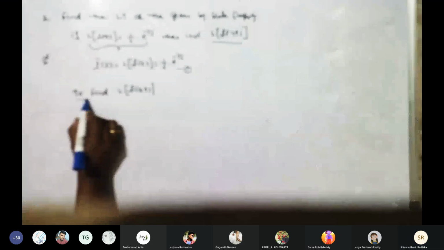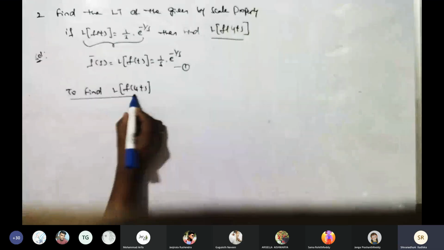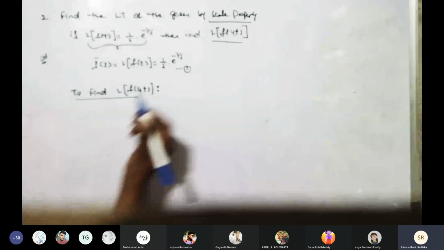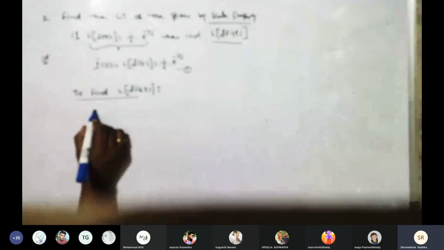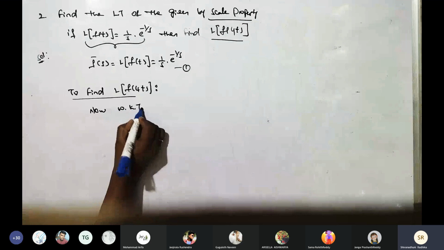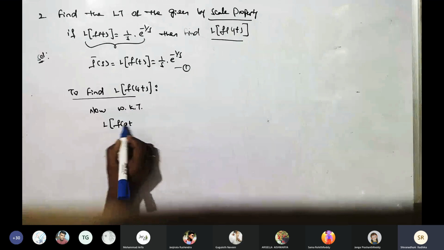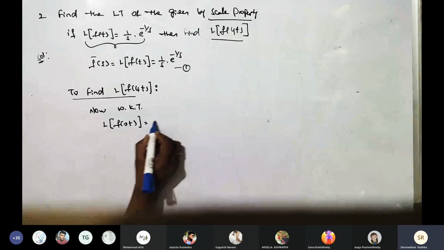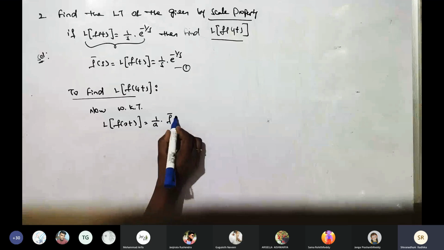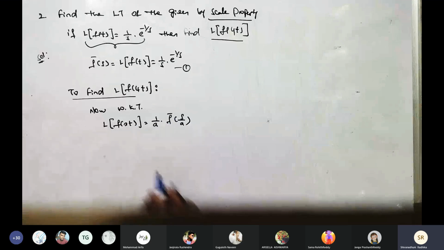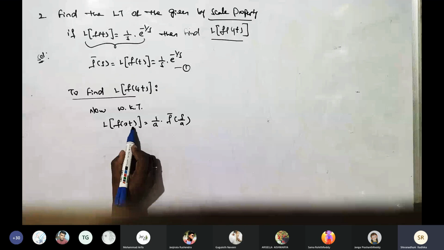Now, what is the scale property? L of f of at equals what here? 1 by a into f bar of s by a. Again, the given is to find L of f of 4t. L of f of 4t is of the form L of f of at.